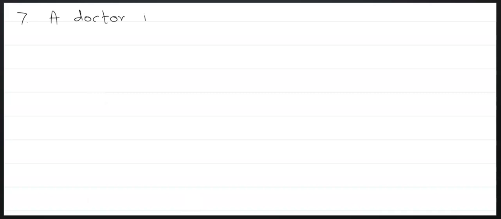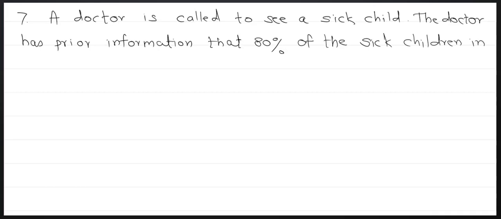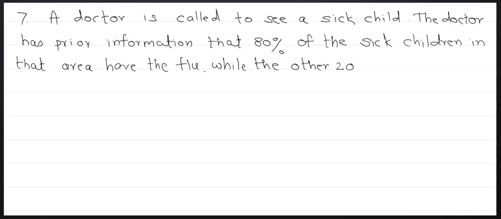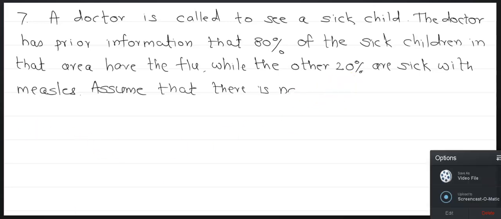Now problem number 7. A doctor is called to see a sick child. The doctor has prior information that 80% of the sick children in that area have flu, while the other 20% are sick with measles.